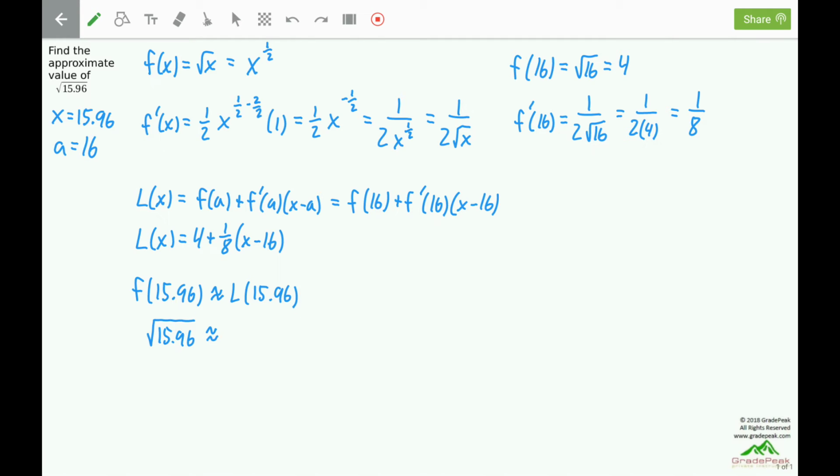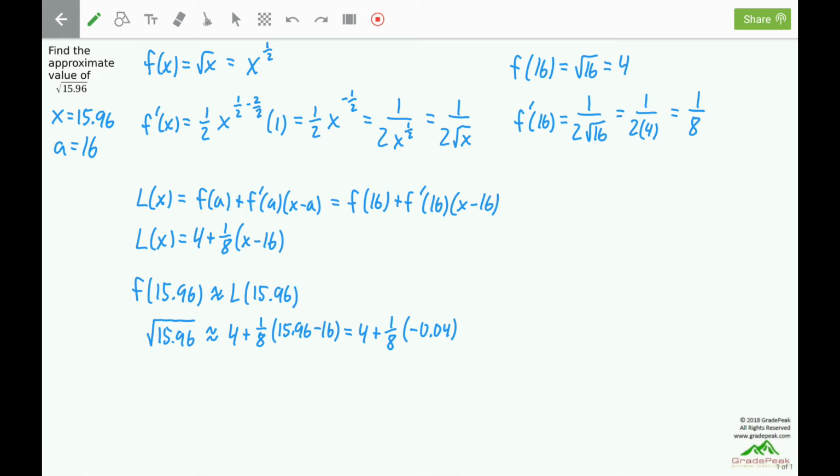And this is going to be approximately equal to L of 15.96, if we plug that in for x and L of x. 4 plus 1/8 times 15.96 minus 16, which is negative 0.04.